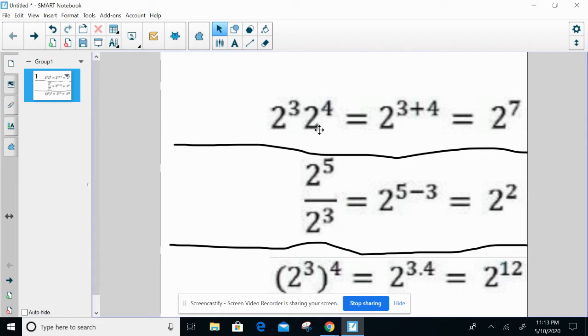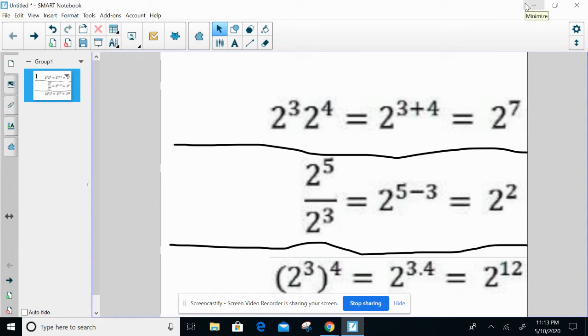When you're multiplying two terms that have the same base, you add the exponents. There's no parentheses. You just add the exponents. When you're dividing terms with exponents, again, same base, you're subtracting the exponents. And when you see parentheses, an exponent to an exponent, you're multiplying those exponents.